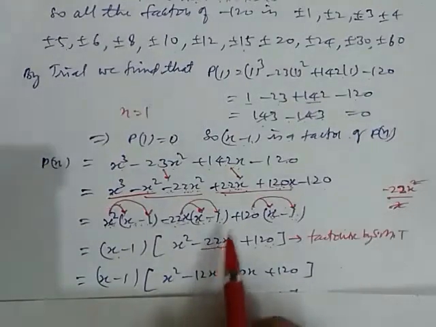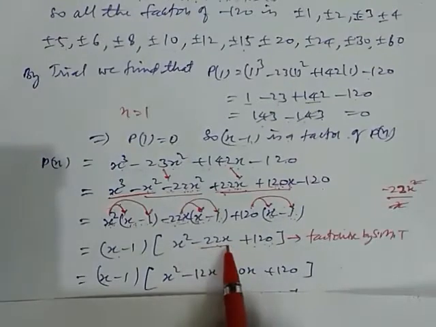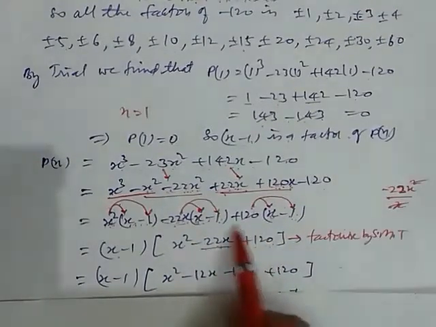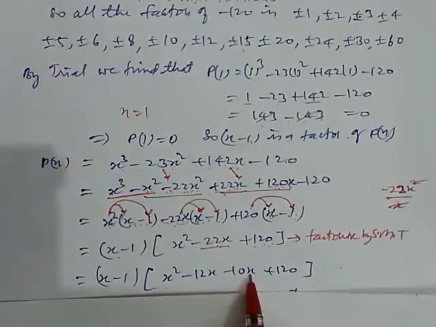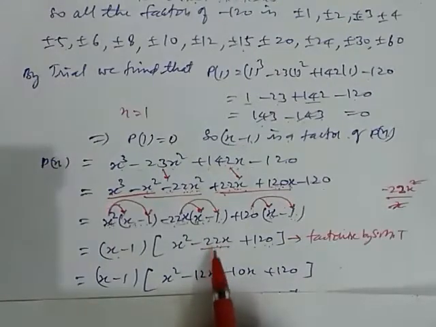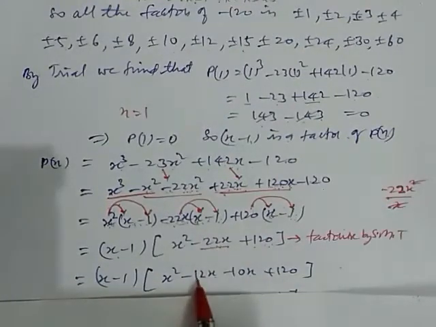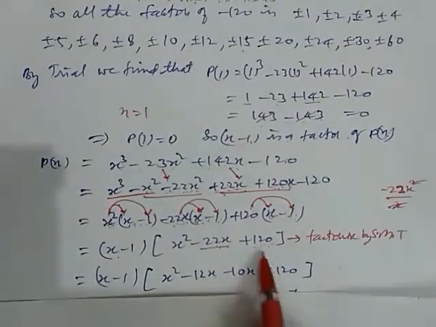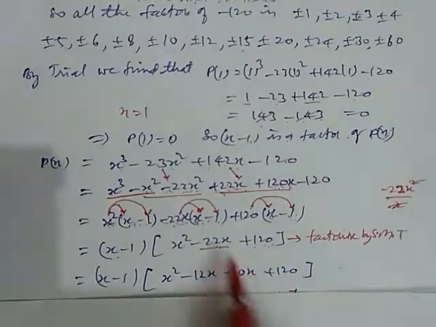So we split this term in such a way that by adding we get minus 22x, and by multiplying we get 120x square. So now we break minus 22x into minus 12x and minus 10x. That is, 22 written as 12 plus 10. So we got minus 12x and minus 10x as minus 22x, and by multiplying 12 into 10 we got 120. So this is our split of the middle term.